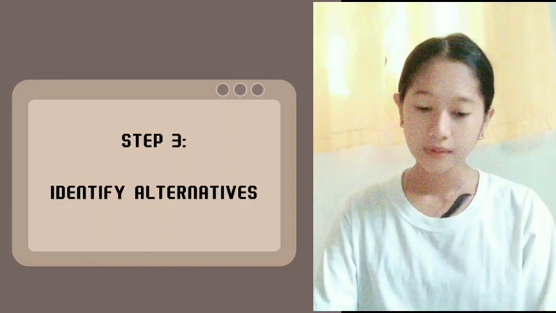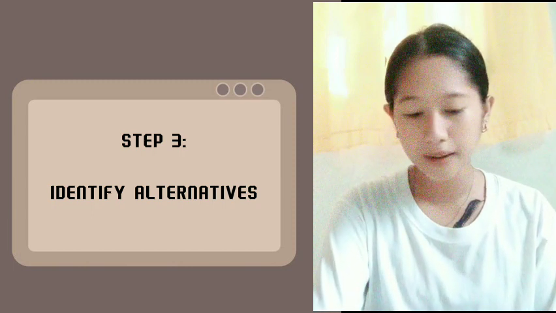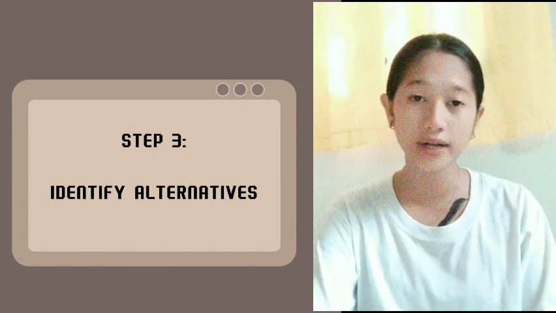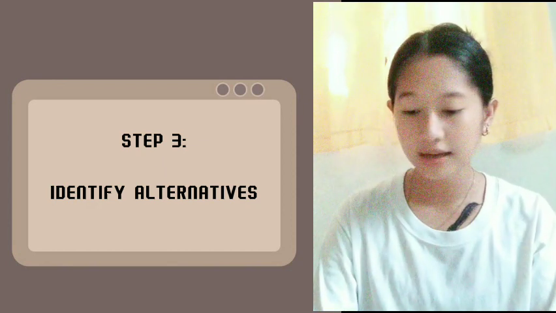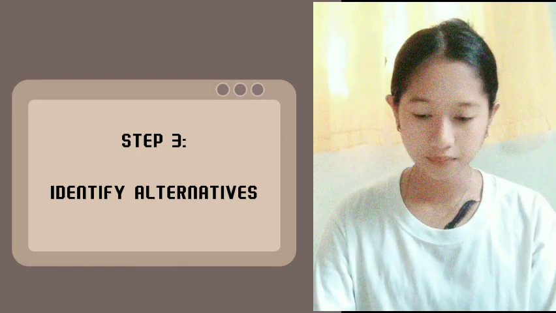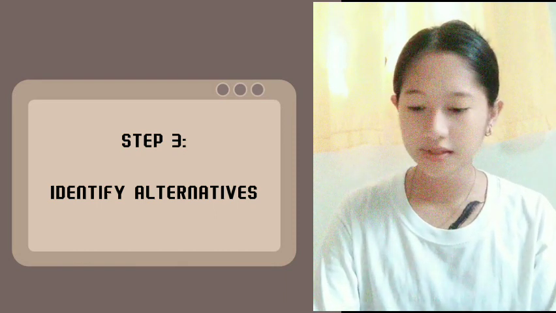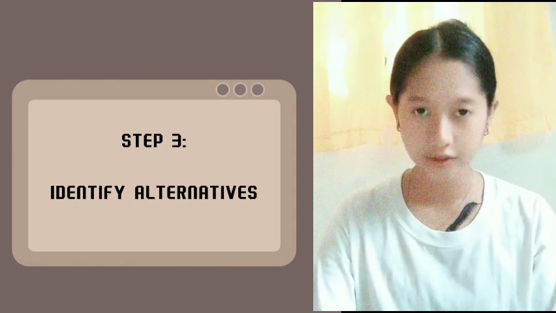Step 3. As you collect information, you will probably identify several possible paths of action or alternatives. You can also use imagination and additional information to construct new alternatives. In this step, you will list all possible and desirable alternatives.